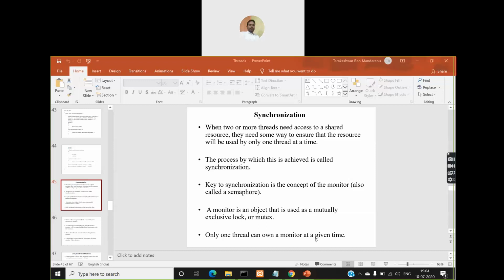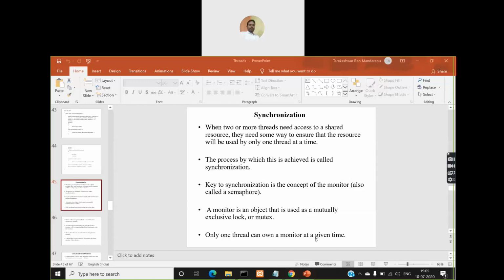Actually, for him it has to show the account balance as 2000 only, but it is showing 10,000. Why? Because the thread which is supposed to update the database with the new balance has been suspended, right? So this type of inconsistency will arise when you are implementing the multi-threading or multitasking concept.